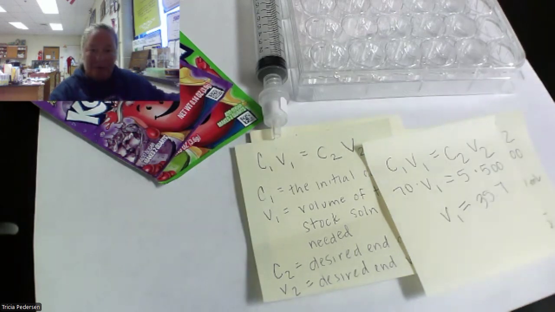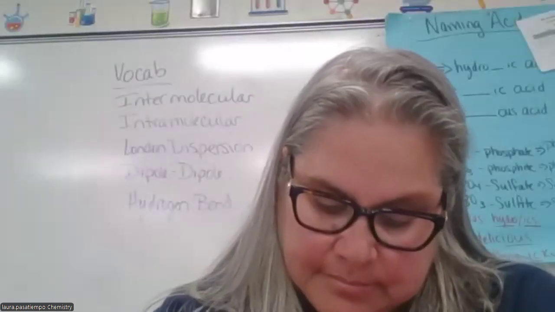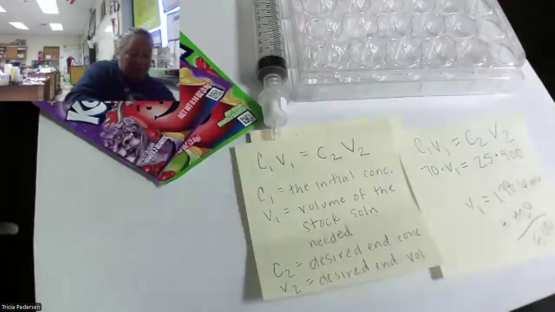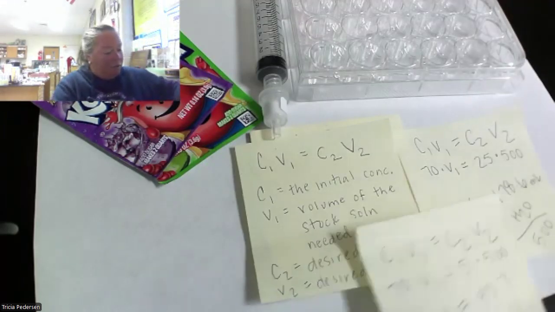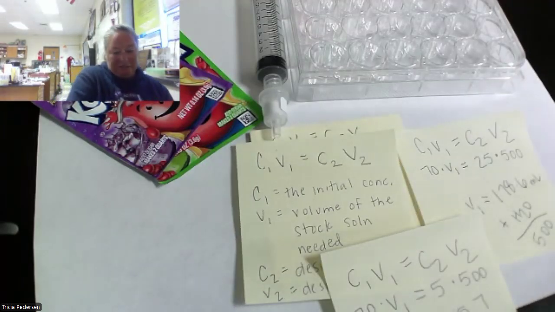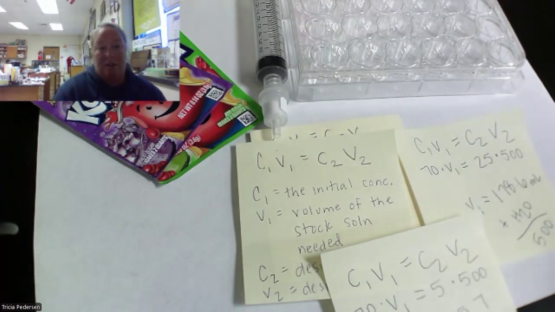You guys okay with that? Yes. And then we're going to add water again up to 500 milliliters. So you don't want to take 500 milliliters and then add 35 because that's going to dilute the alcohol even more. Okay.